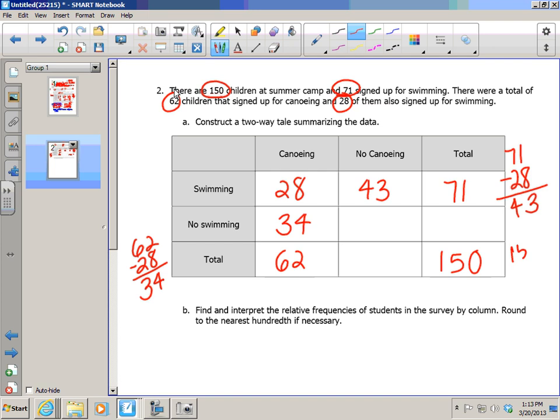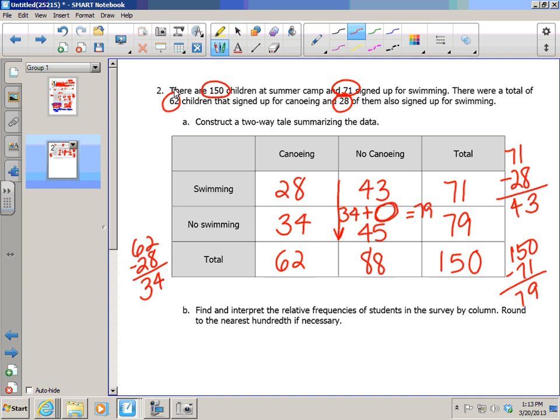And from the 150, we take away the 71, and we are left with the non-swimmers, who would be 79 of them. So 34 plus something will give us our 79. And so 34 plus 45 will give us our 79. We add our 43, we're adding this column down, and get 88 for no canoeing total.